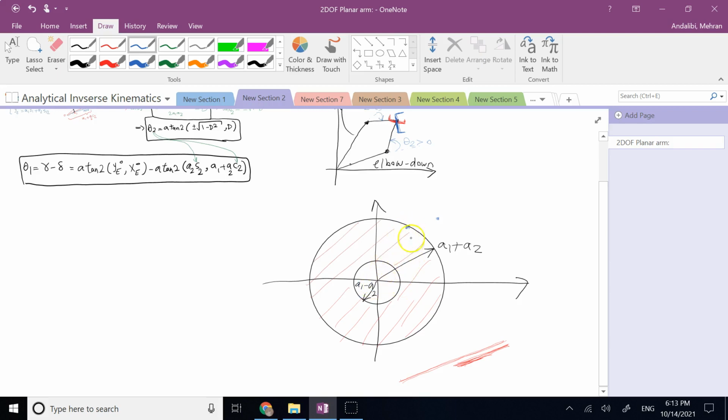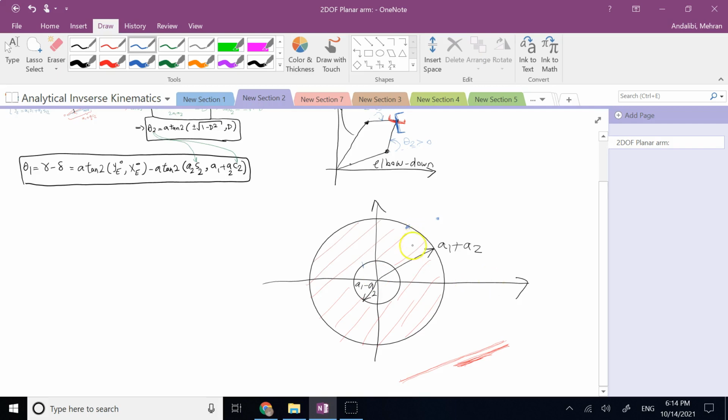And then theta 1 is just given by arctangent 2 of y of the end effector and x of the end effector. Okay? And the same thing here. Theta 2 is pi, and again, theta 1 is given by arctangent 2 of y of the end effector and x of the end effector.